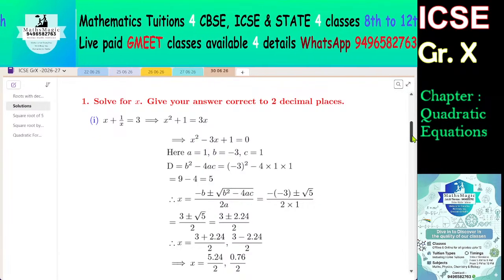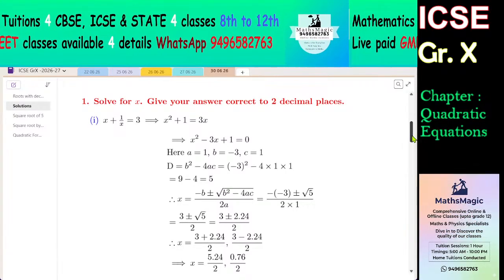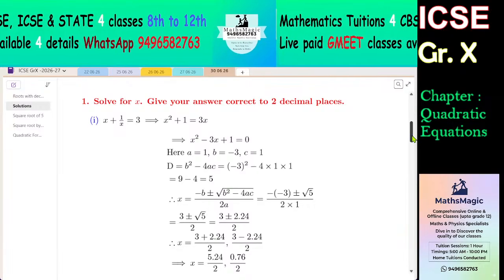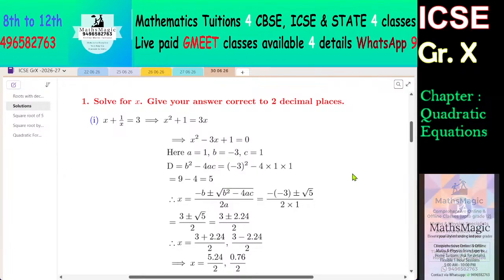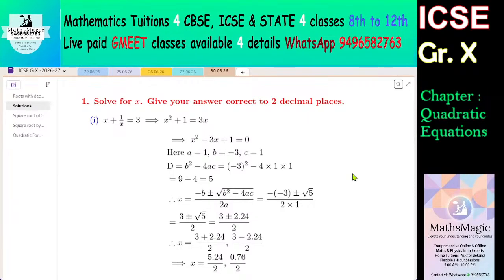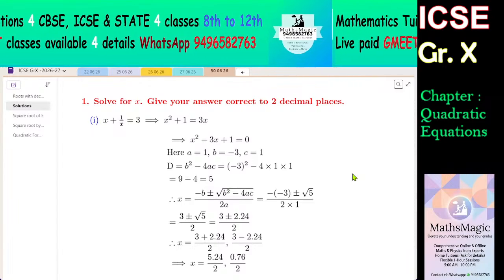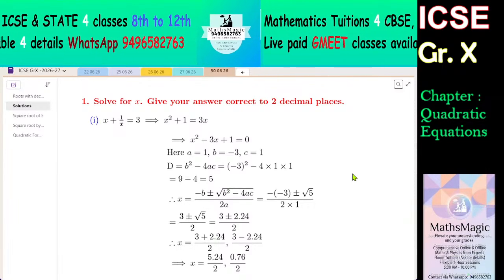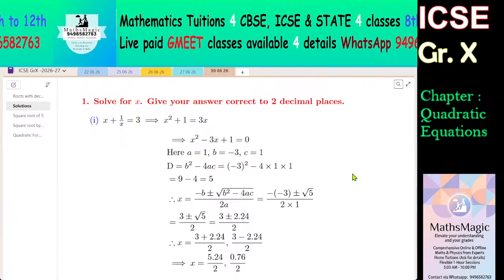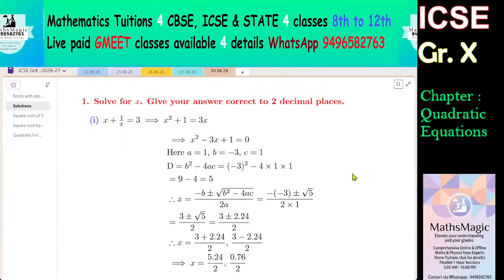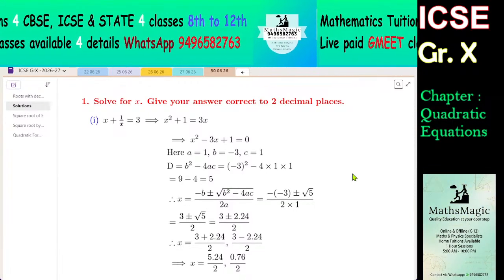Here a equals 1, b equals negative 3, and c equals 1. The discriminant b squared minus 4ac is 5, and the square root of 5 is 2.24. We substituted that value here, and all of you have got this answer. If any doubt, you can ask me.